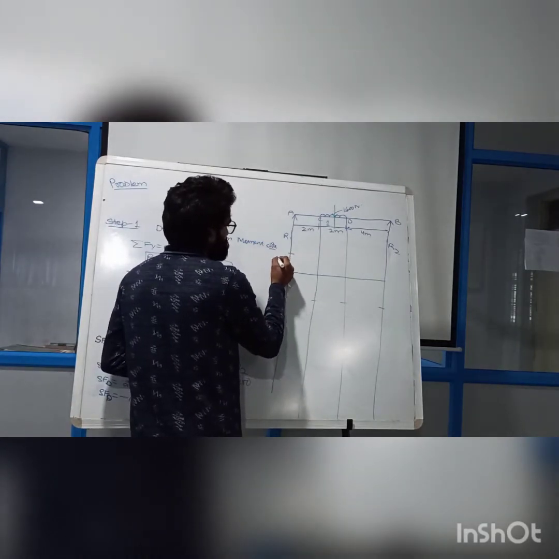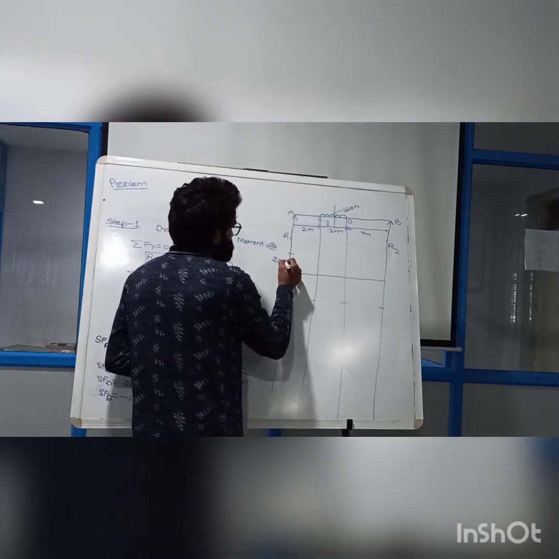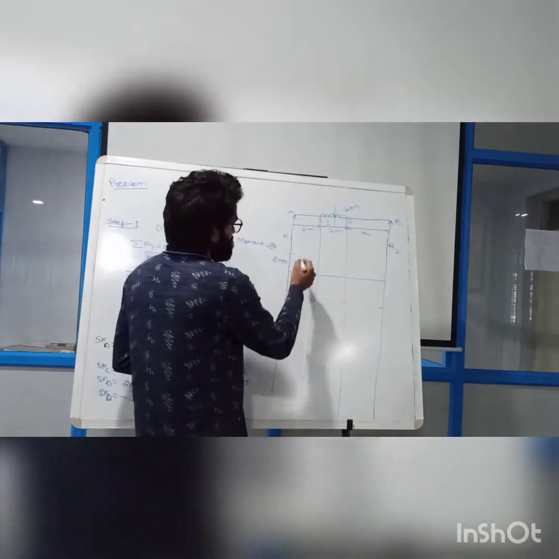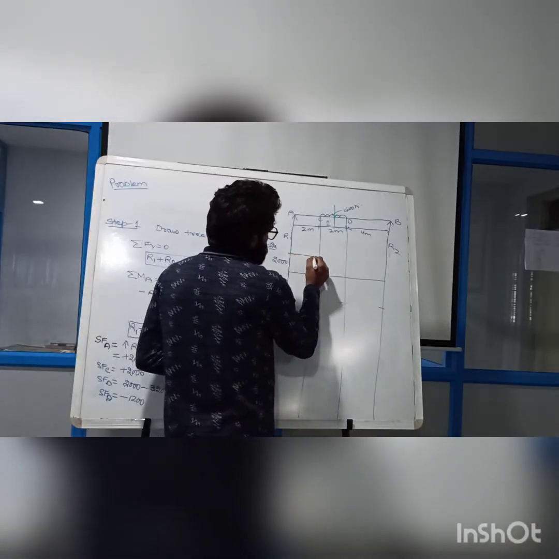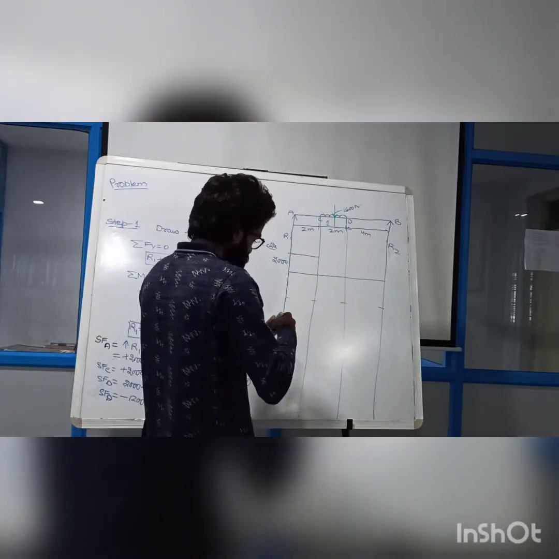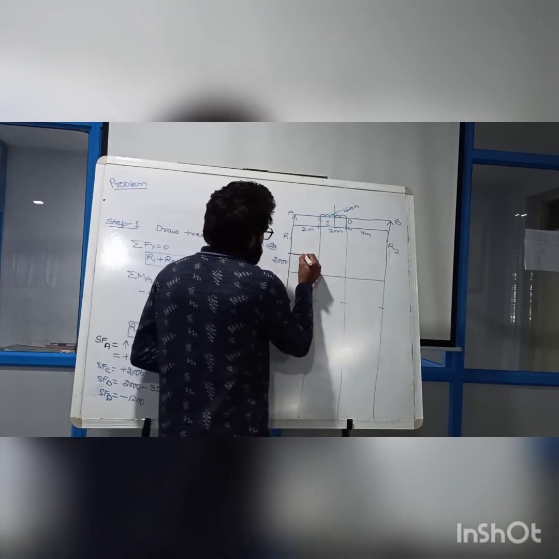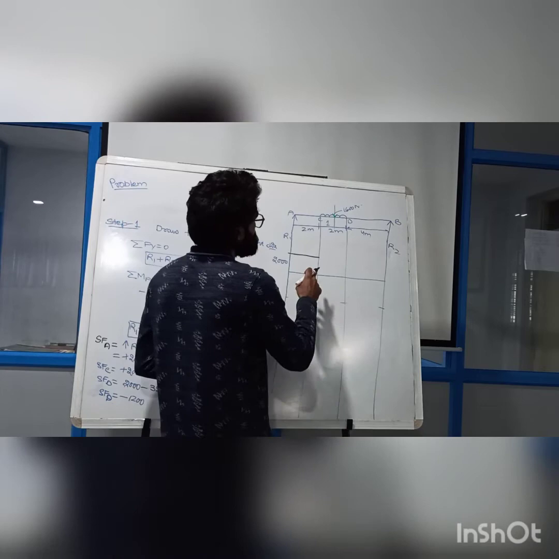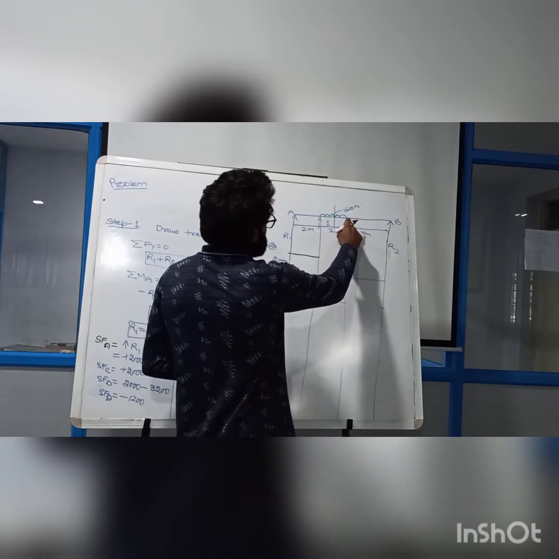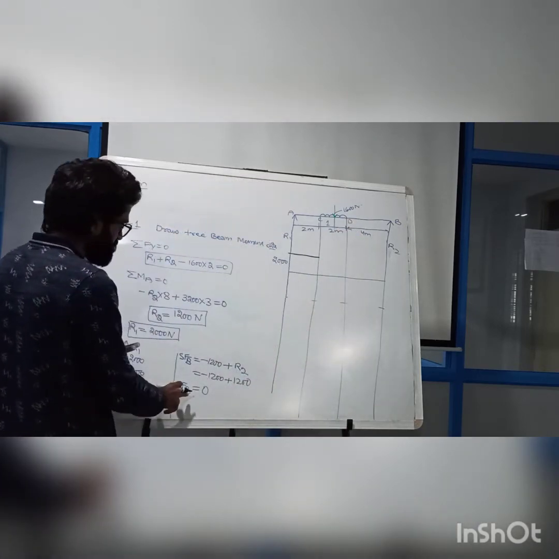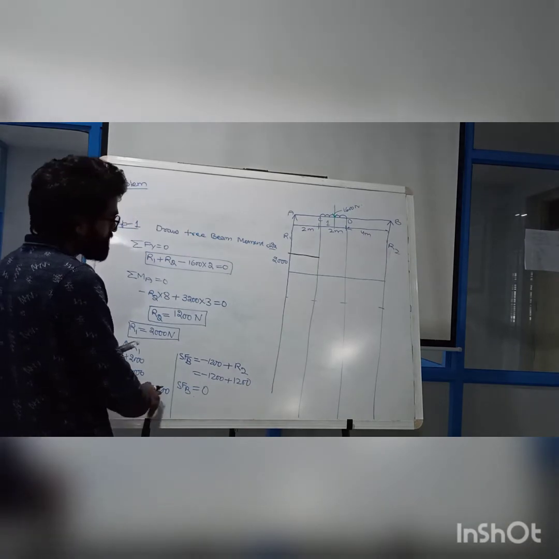My A value is 2000, so the force at A is 2000. Up to C there is no force, the force stays 2000. After C, at D I got 1200.